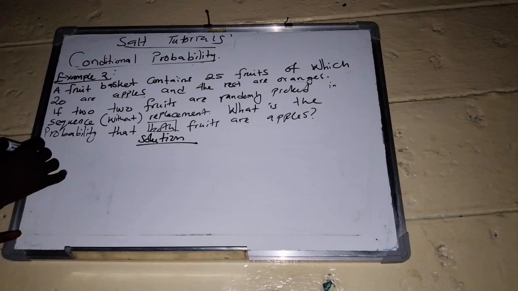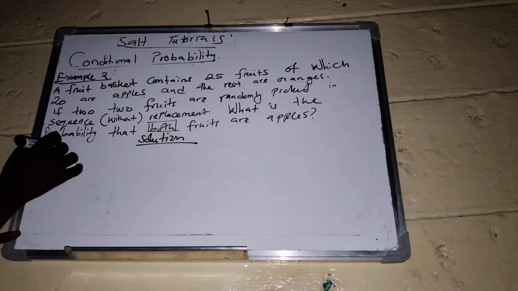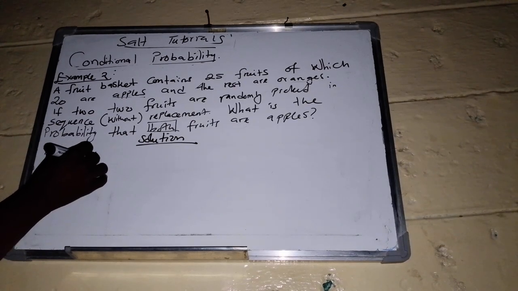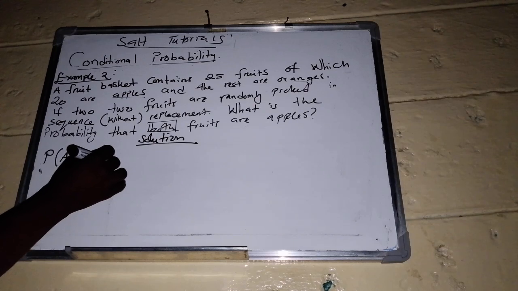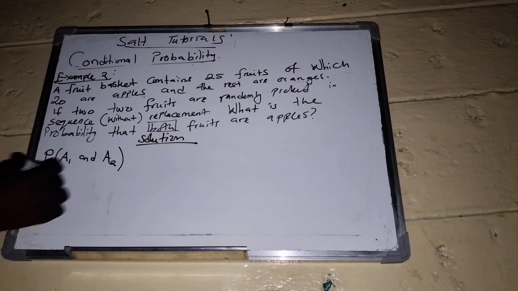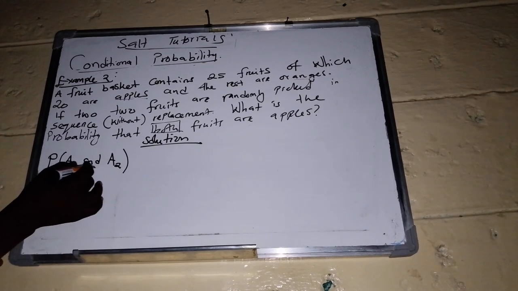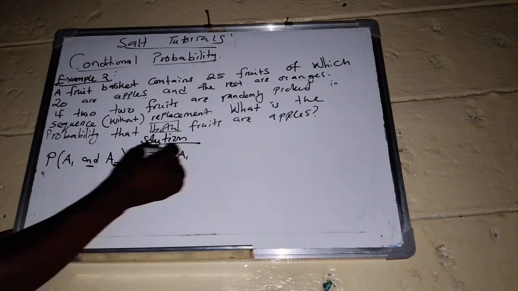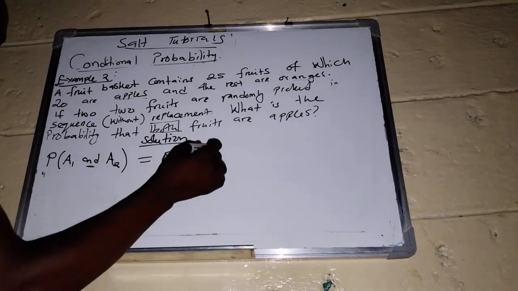So what are we simply saying? We are finding the probability of picking the first apple and the probability of picking the second apple, because we're talking about both being apples. So the probability of picking A1 multiplied by the probability of picking A2.